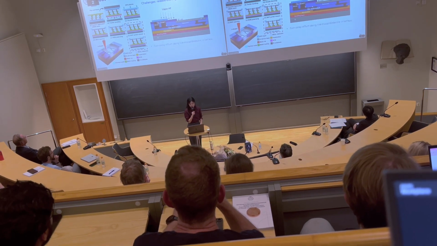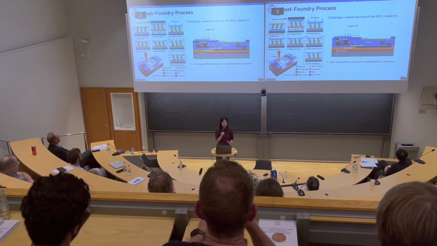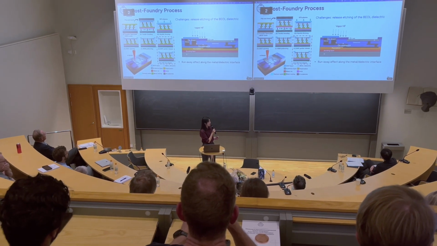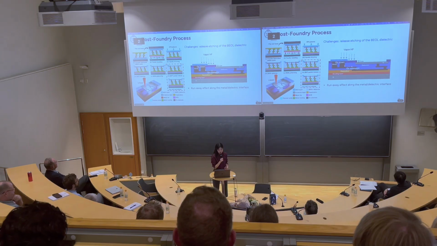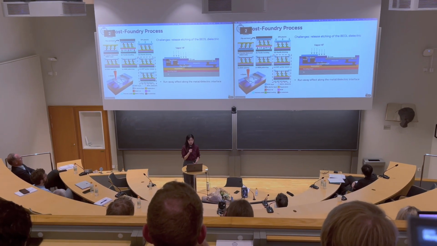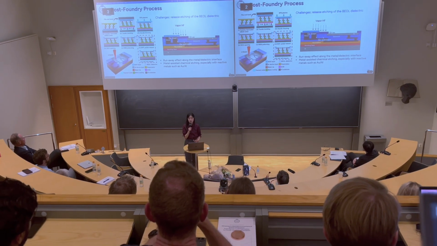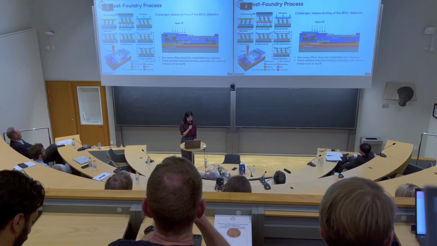So why is that? That's because vapor phase HF can find every single gap between different layers and also the pinholes in the materials. So it will create a run-away effect along the metal and dielectric interface. Especially when we use reactive metals like gold or even aluminum, this will become worse.